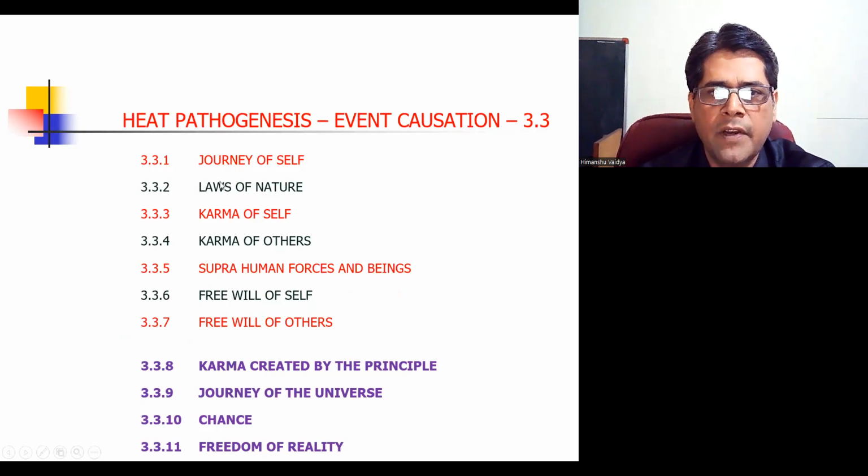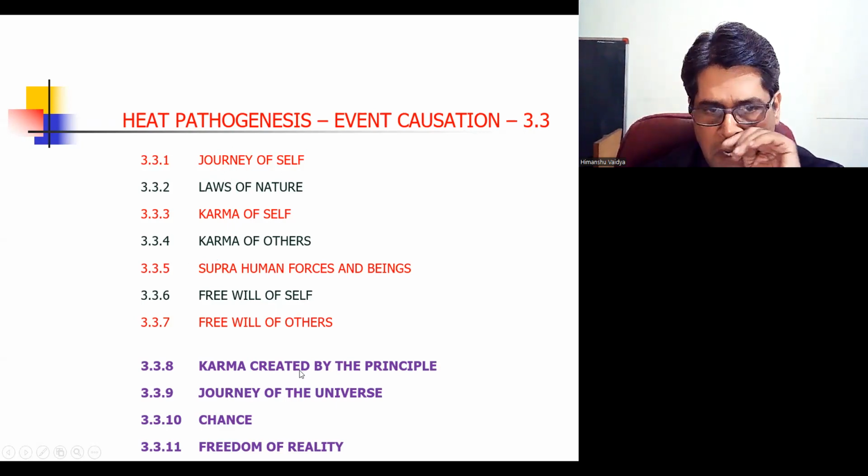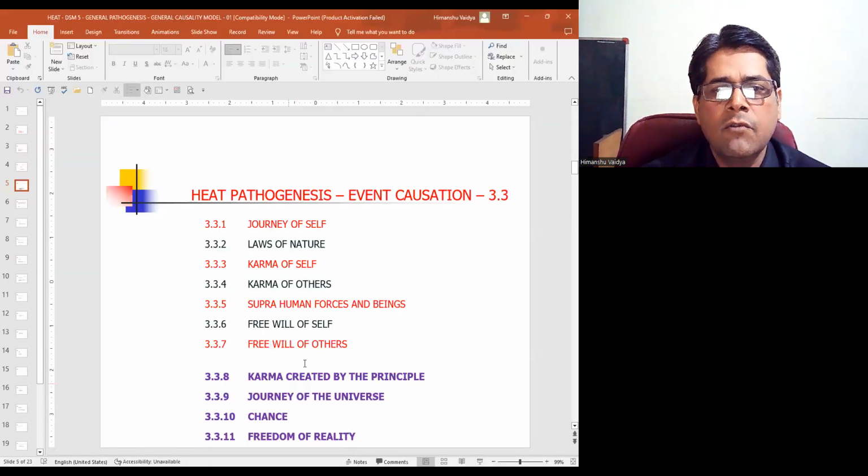The center is the laws of nature, free will of others, the environment, what people do to us, karma of self, number 3, how we interpret what people do to us, free will of self, what do we do to get out of it, if at all we do something, karma of others, 5th, suprahuman forces and beings, 6th, and journey of the self is 7th. So if I was to rearrange this, it would be like this.